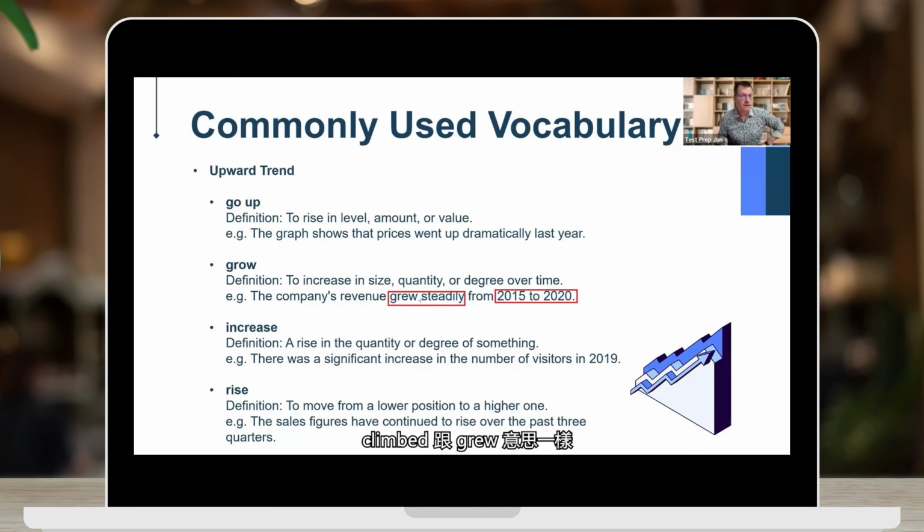Climbed is a verb which also has the same idea as grew, and consistently is an adverb which has the same idea as steadily. So you can vary this vocabulary, change the words with these phrases which have the same idea in order to give yourself a little bit more vocabulary and some different variety.